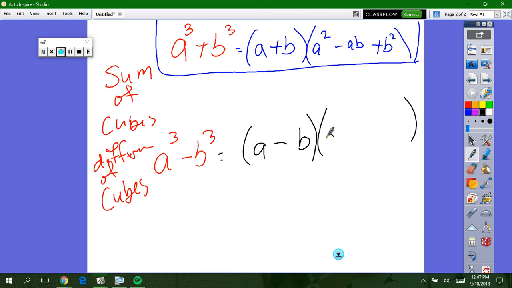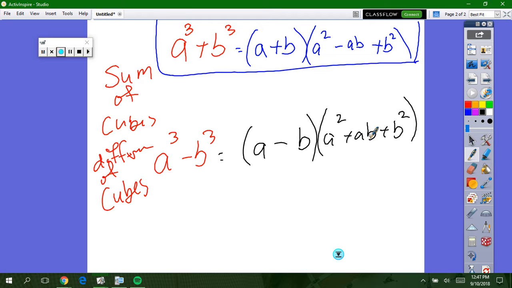I need an a squared, don't I? Negative b times what would give me a negative b cubed? Plus b squared. Notice, ladies and gentlemen, if that was a plus and this is a minus, what do you guys think in here would be? Plus. That is a difference of cubes. Notice, can you see how basically it's the same idea?